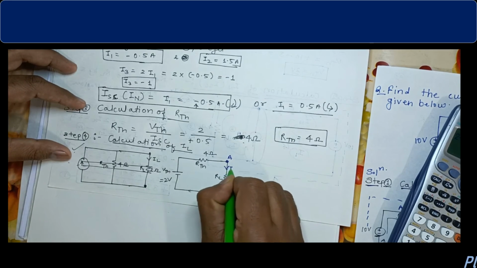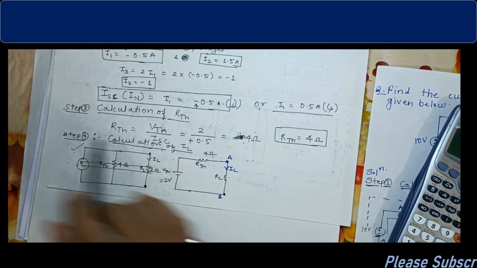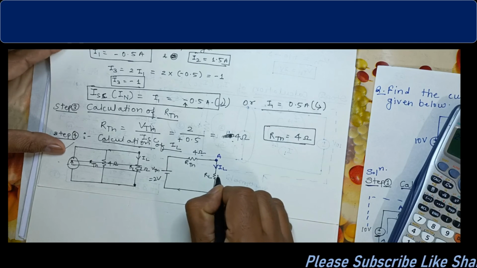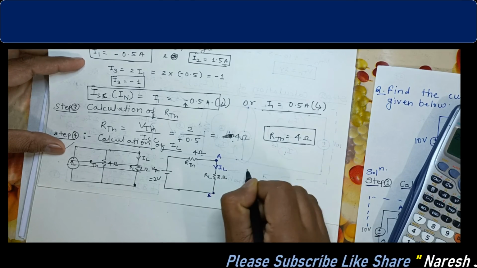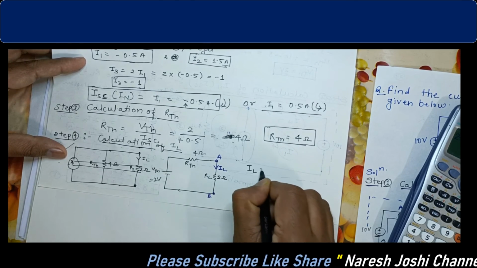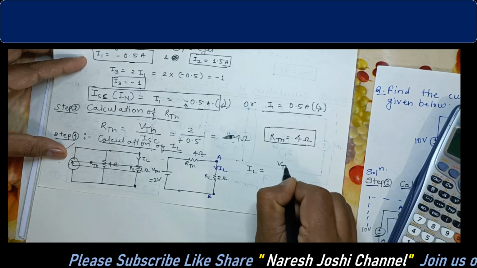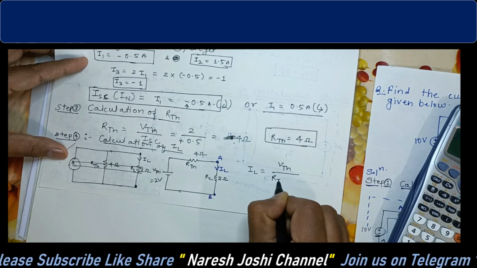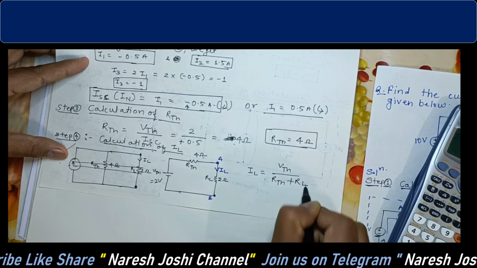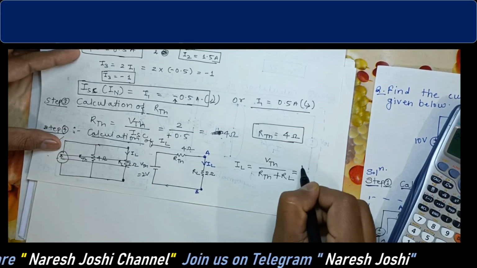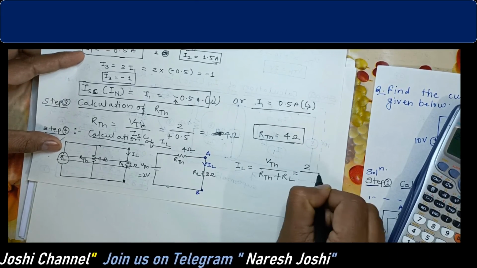So here you can see what the value of IL is. RL is 2 ohm. So IL will be VTH upon RTH plus RL. VTH equals 2, RTH is 4, RL is 2.